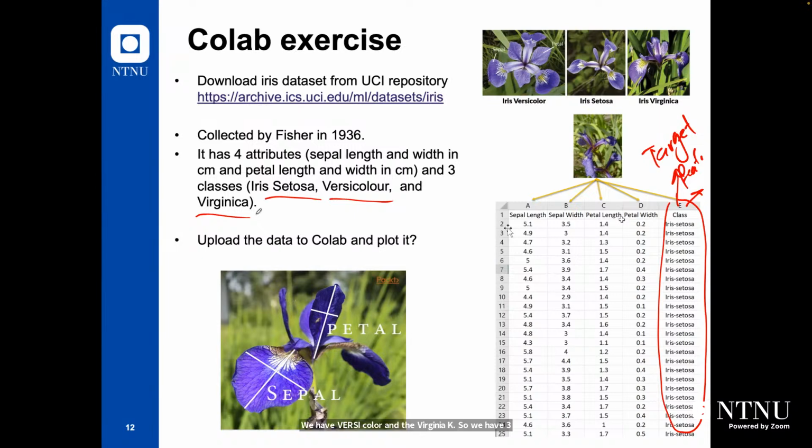If you want to build a model for classifying this problem using sepal length and width, and petal length and width, you can just measure those lengths and widths for the sepal and the petal, and use those numbers for classifying each species into one of those 3 classes, setosa, versicolor, and virginica.